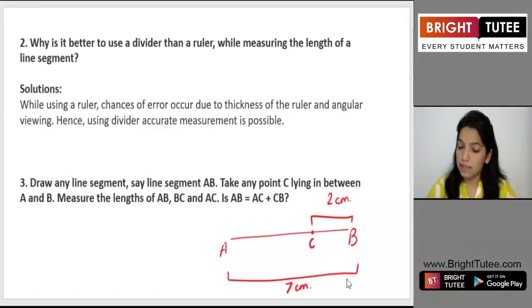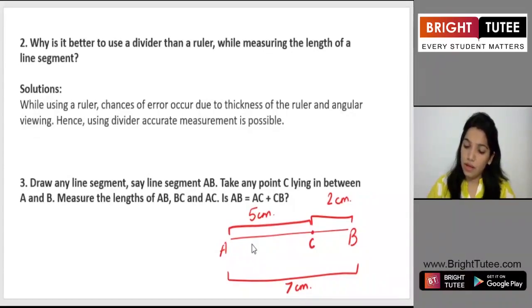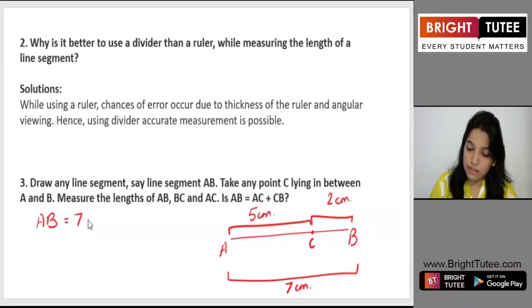So if this complete line segment I have drawn is 7 and this small part is 2, the length of AC is 5 centimeters. Now, clearly, AB is equal to 7 centimeters, the length of AC is equal to 5 centimeters, and BC is equal to 2 centimeters.